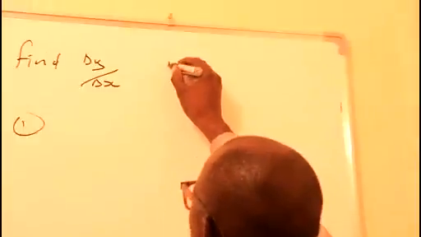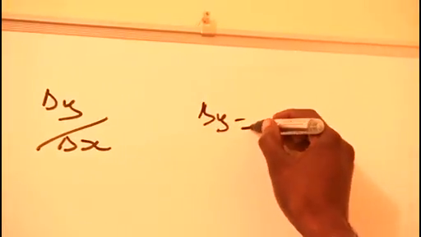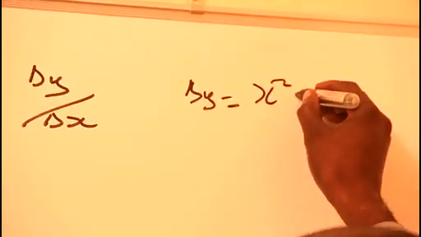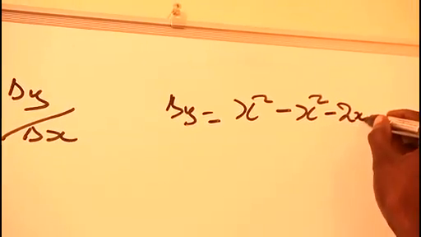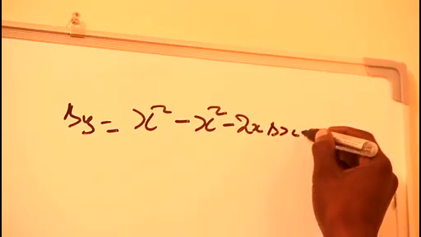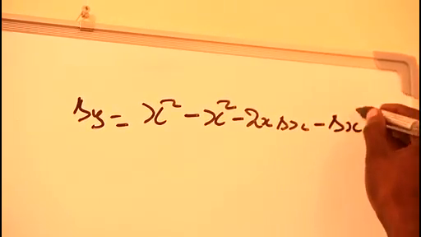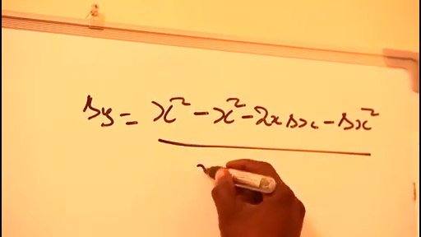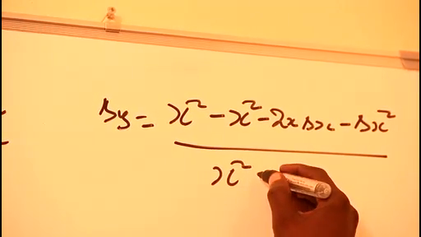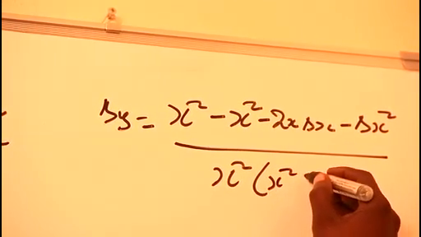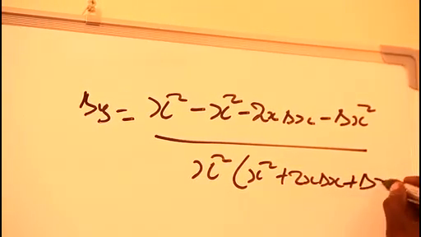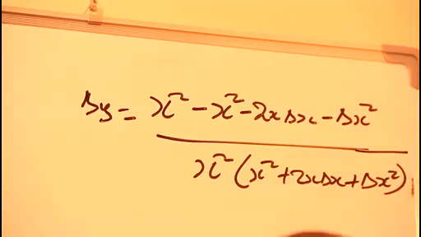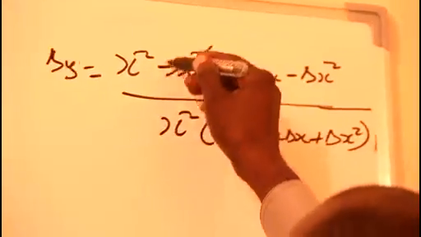If we do that, we'll end up having change in y equal to x squared minus x squared minus 2x change in x minus (change in x) all squared, all over x squared into x squared plus 2x change in x plus (change in x) all squared. So if we are able to do that, you see this will clear this.